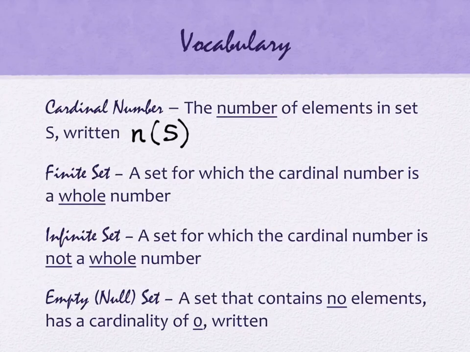And then the last one, perhaps the most fun, is the empty or the null set. So this is a set that contains no elements. It has a cardinality of 0 because it contains no elements. And it has two ways that you can write it. You can write it as a 0 with a slash through it. So if you are one of those people who likes to write your zeros with slashes through them already, you have to stop that now.